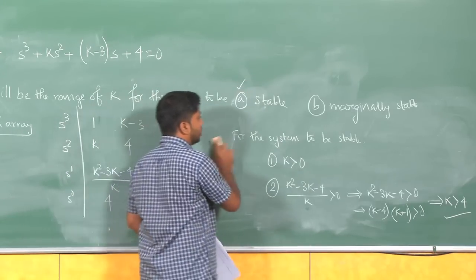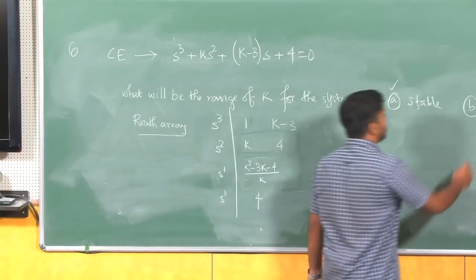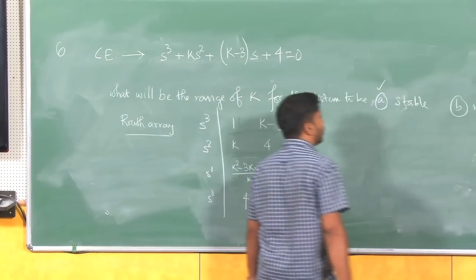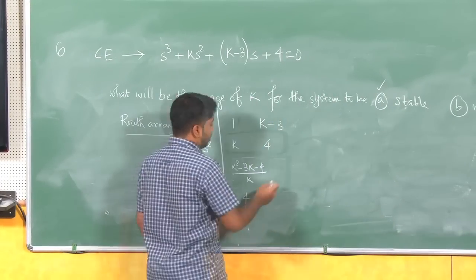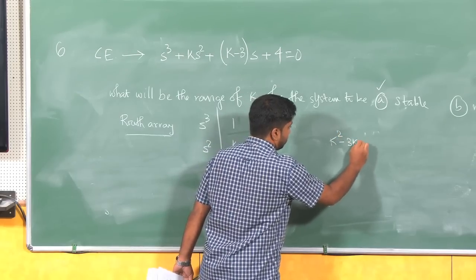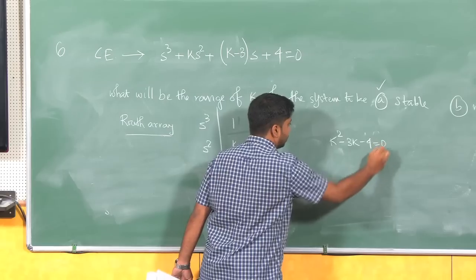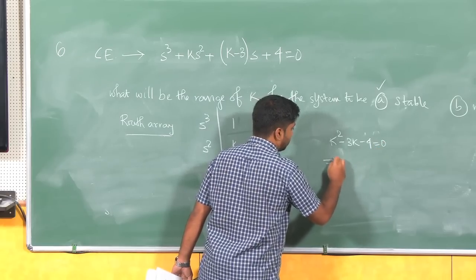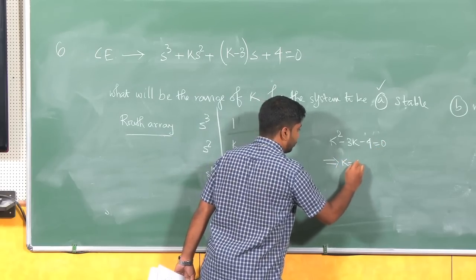Now, part B. So, for marginally stable, this term will be 0, that is k square minus 3k minus 4 is equal to 0, that is when k is equal to 4.